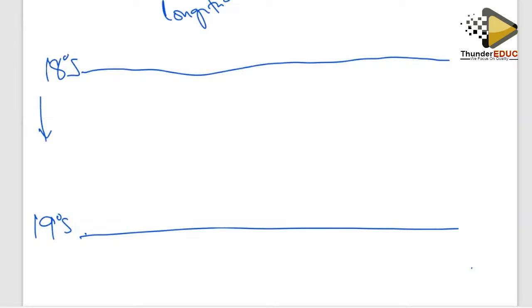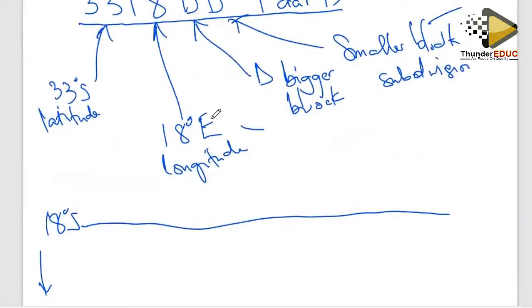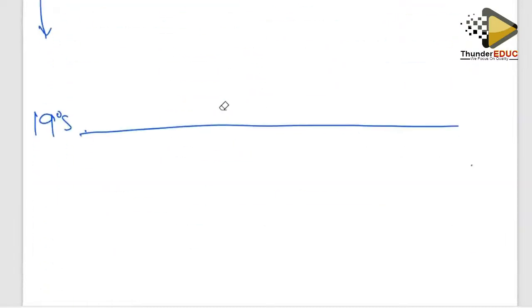Right, then we come to our lines of longitude. Sorry for this one. I was supposed to start with latitude. I was supposed to put my 33. Let me use the example that we have to illustrate the map referencing.